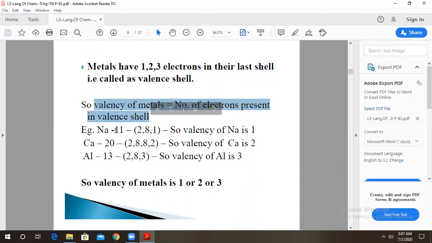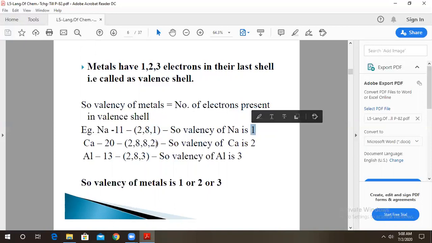So for example, sodium, the atomic number is 11, the electronic configuration is 2, 8, 1. So how many electrons are there in the last shell? One electron. And so the valency of sodium is 1. For calcium, atomic number is 20. Therefore, the electronic configuration is 2, 8, 8, 2. So 2 electrons in the outermost shell, so the valency is 2.